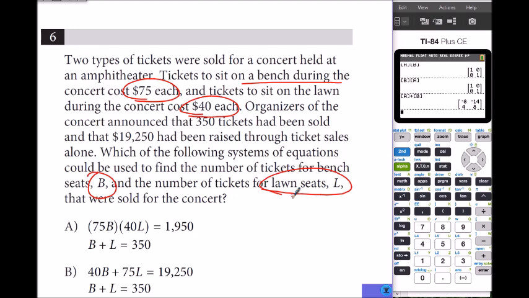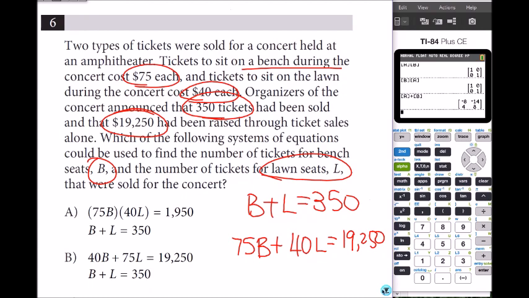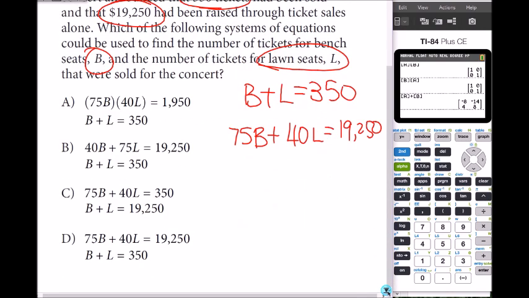So total B plus L was total how many were sold? 350 tickets. And bench was $75. So 75 times B, the number of bench tickets sold, and lawn was 40. So 40 times L. It raised 19,250.